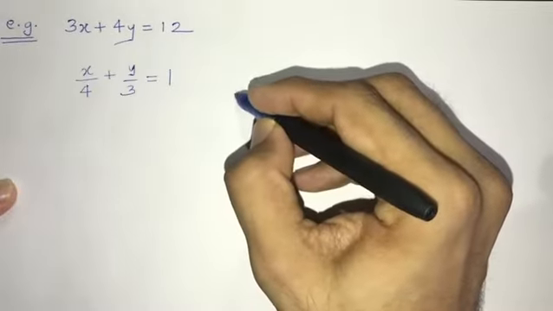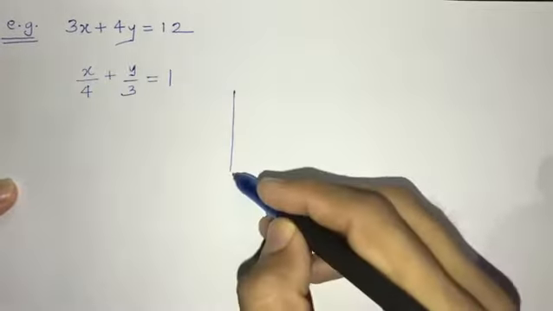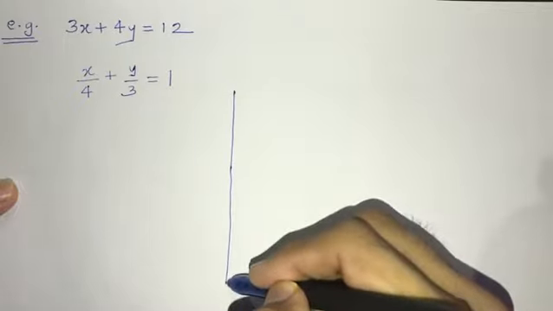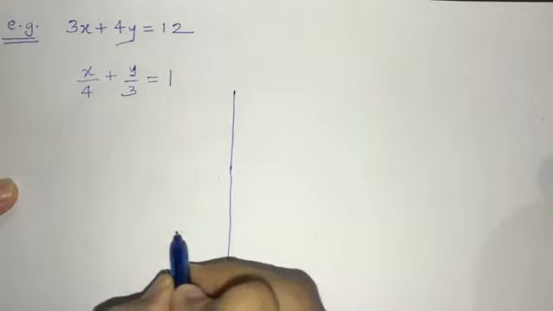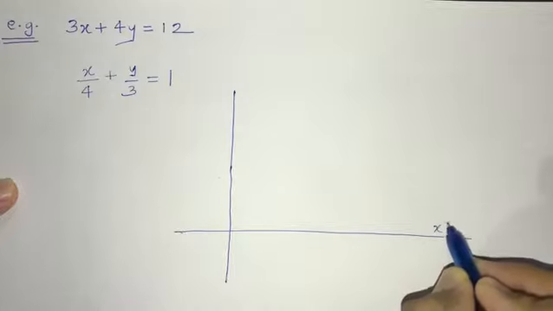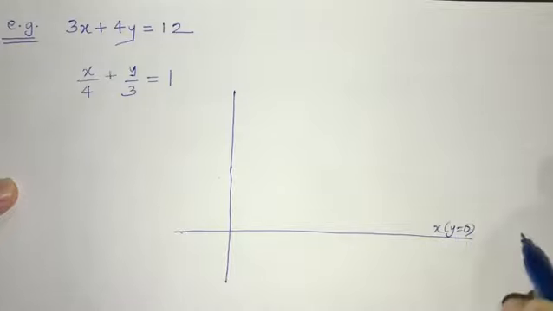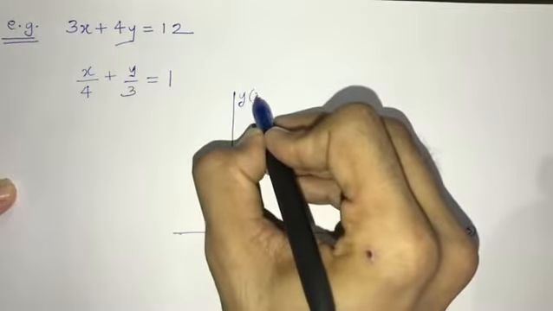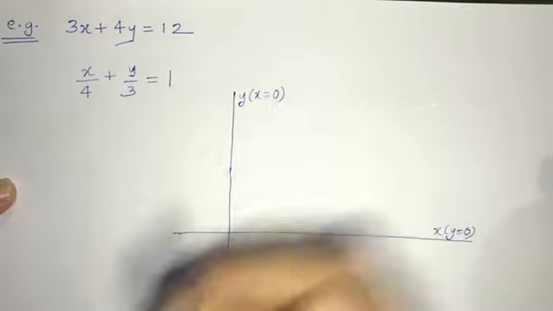After that, I can plot this. On the x-axis and y-axis, I'll have 2 points now.